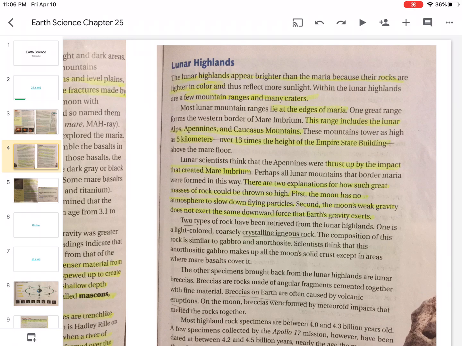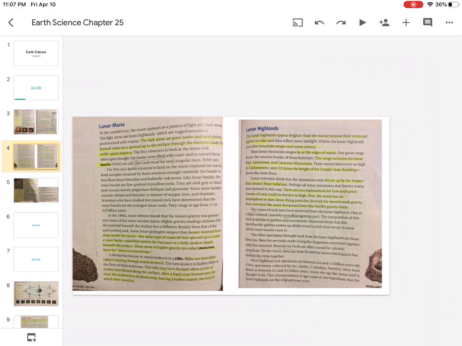The range includes the lunar Alps. I don't know if you need to know all of that. It says the mountains tower as high as 5 kilometers, over 13 times the height of the Empire State Building. Let's go to lunar craters.